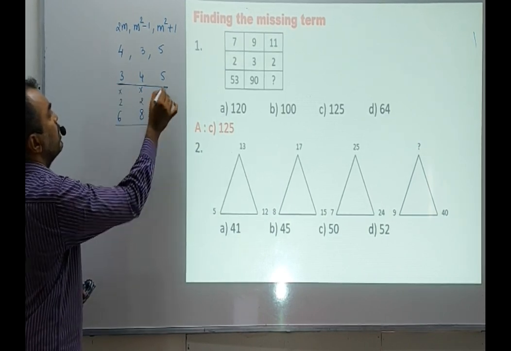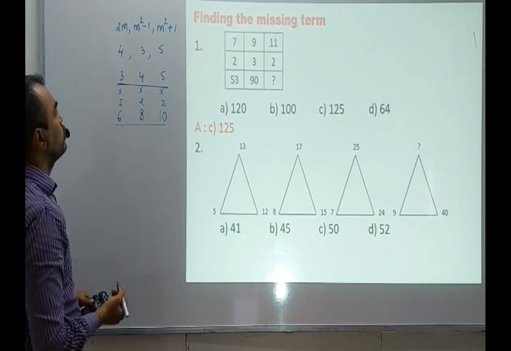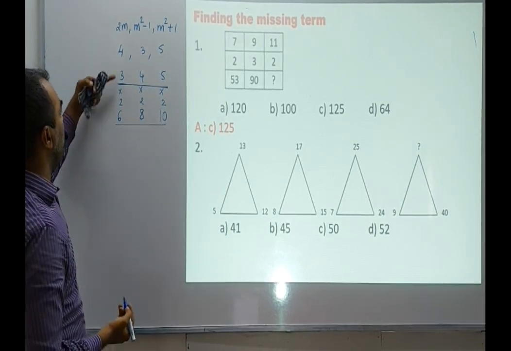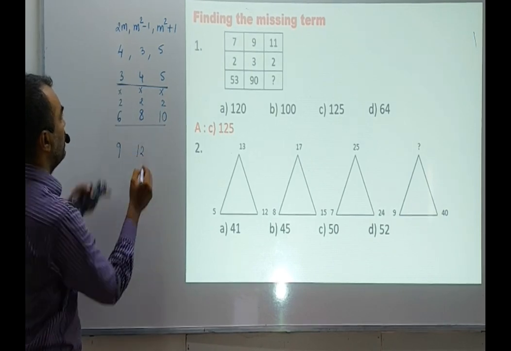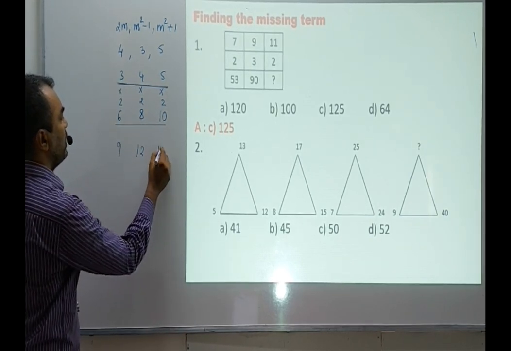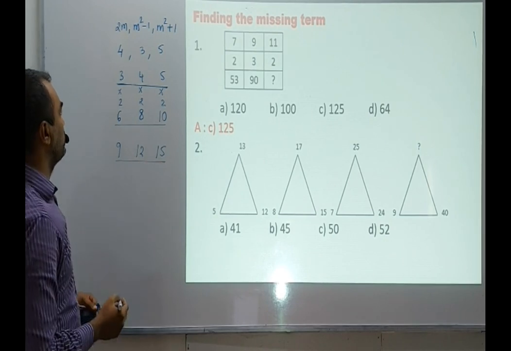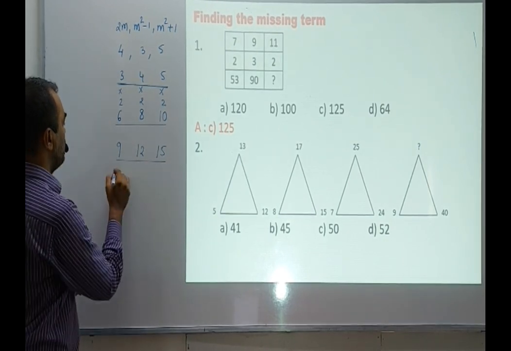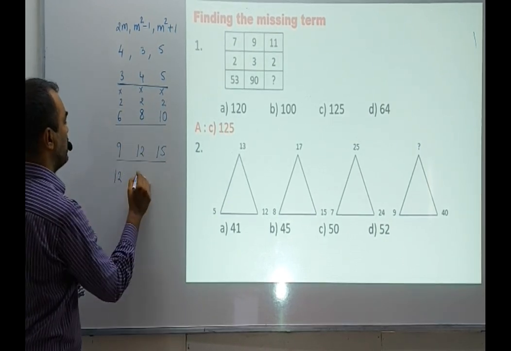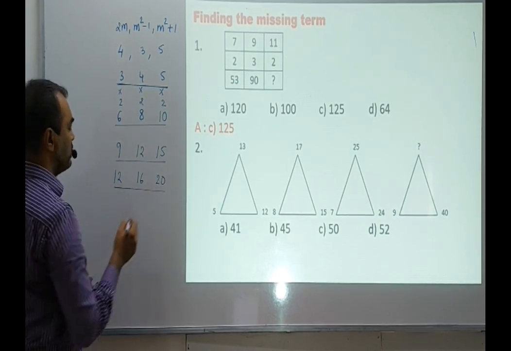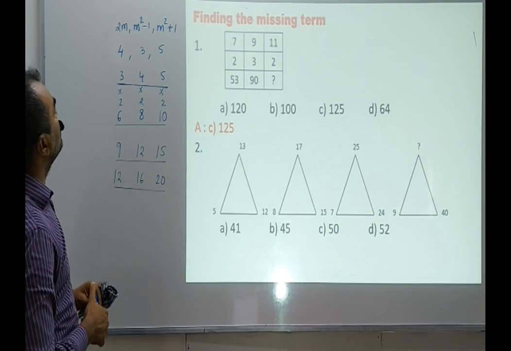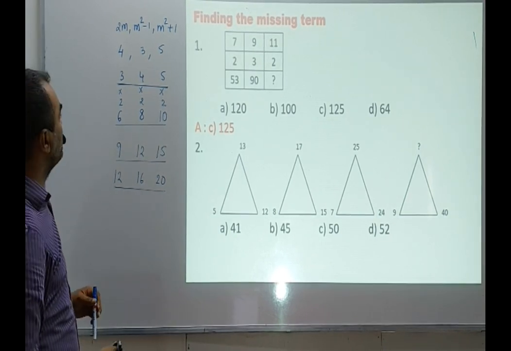So if this is a Pythagorean triplet, their multiples are also Pythagorean triplets. Similarly, 3 3s are 9, 3 4s are 12, 3 5s are 15, is a Pythagorean triplet. 4 3s are 12, 4 4s are 16, 4 5s are 20, is a Pythagorean triplet. So this is the standard method, right?